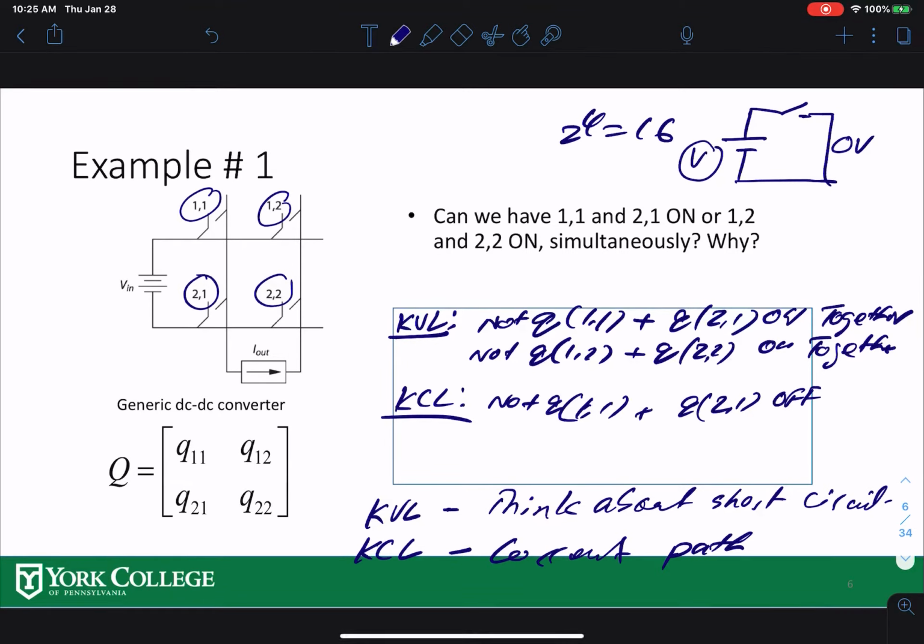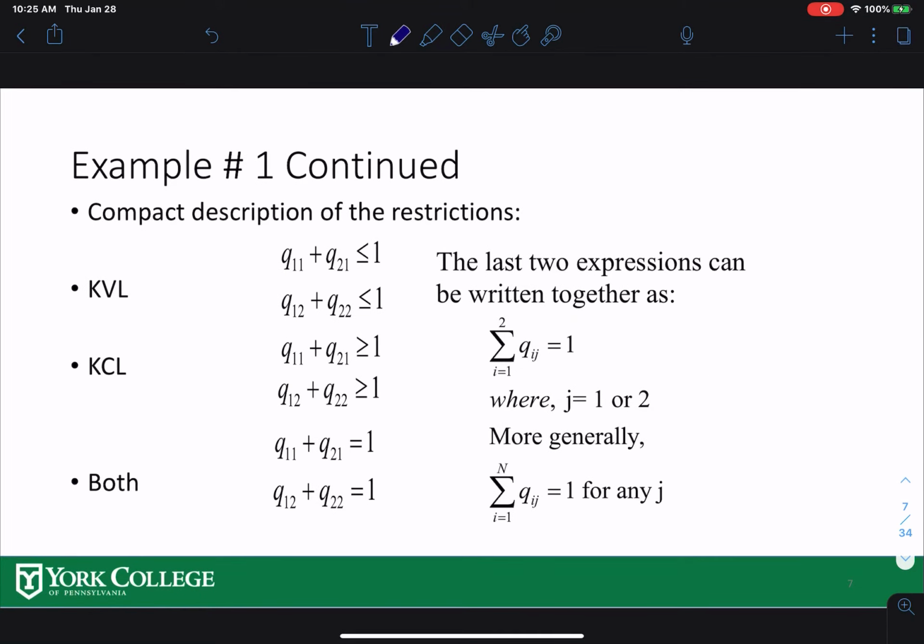That means to have a current path, you need to turn them on together, right? So this is like totally the opposite case here. Then not Q12 plus Q22 off together, right? So the opposite case. So KVL wants you not to turn them on together, and KCL wants you to turn them on together. How do you resolve it? How do you resolve it? To resolve it, this is the KVL here.